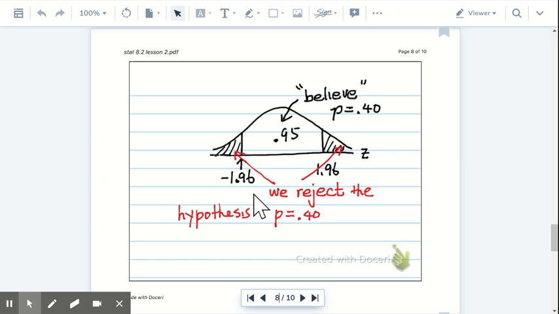If my z-score lands outside of this 95%, either in the left tail, in the shaded area, or the right tail, then we say we don't believe that p is equal to 0.4. It's either much smaller or much higher. In this case, we say we reject the hypothesis that p is equal to 0.4. Okay, we reject the hypothesis.